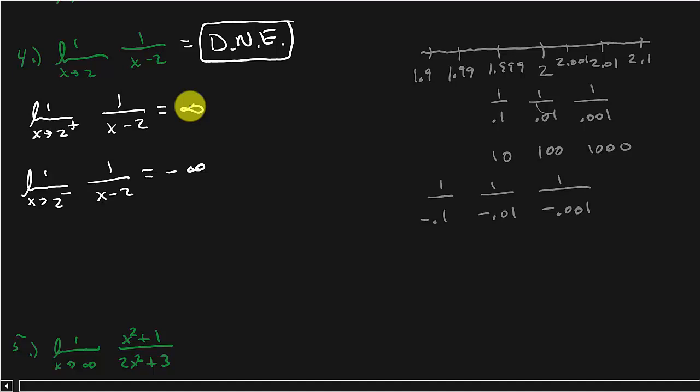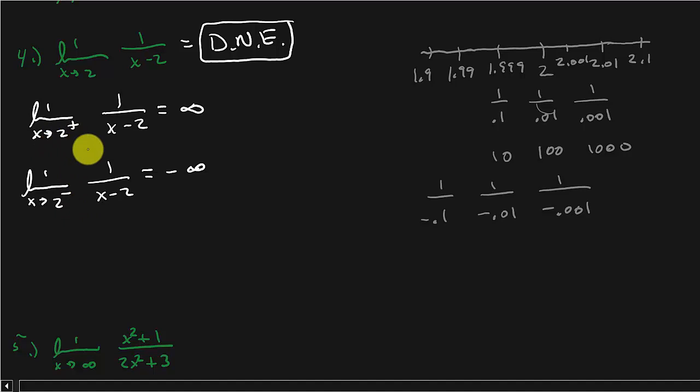We want to know it's approaching infinity from the right and negative infinity from the left. Up here, we can't put that it's approaching infinity or negative infinity because it's going in two different directions. So we have to put does not exist. But we come down here and show the limit from the left and the right to get an idea of what's going on.